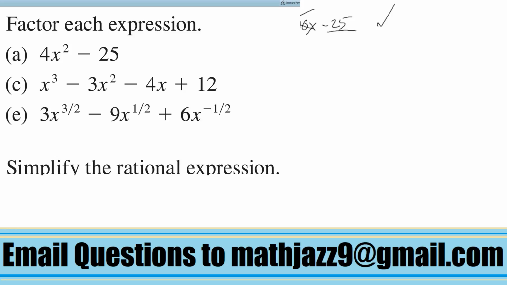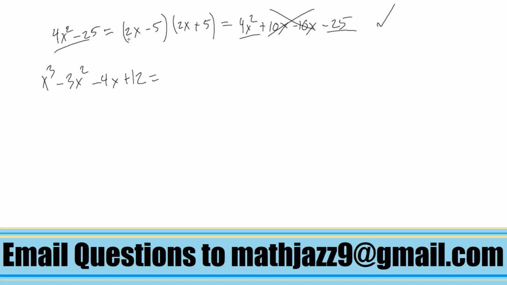So the next one is x cubed minus 3x squared minus 4x plus 12. So this one might be a little harder for us to figure out, but we have some techniques we can use. So the first technique would be to check to see, is this one of the forms that we know?